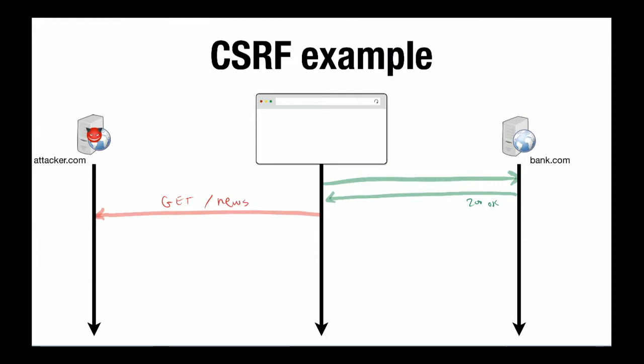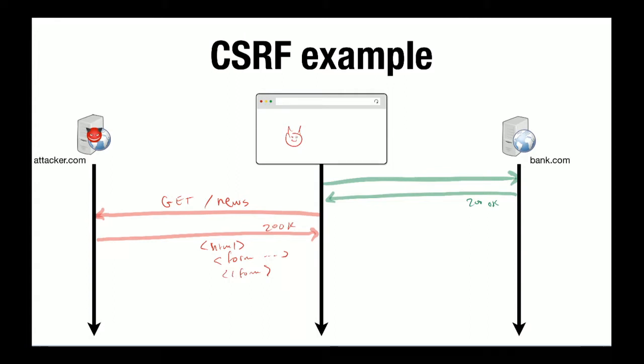And the attacker responds back with, absolutely, I'm going to show you all the best news that you can ever get. So they reply back with a 200 OK and an HTML page that contains the form that we saw in the previous slide. Essentially, the attacker is actually running in your browser.